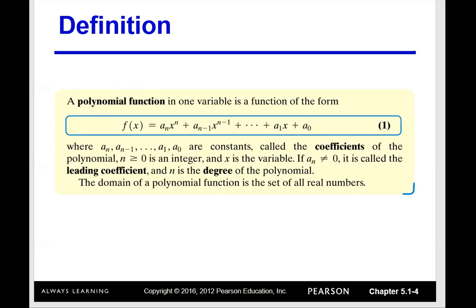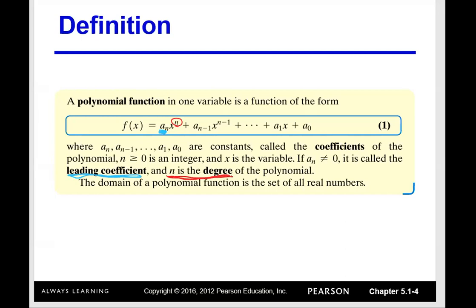So whatever the very first coefficient is, that's what they call the leading coefficient. And then the n right here is what they call the degree.